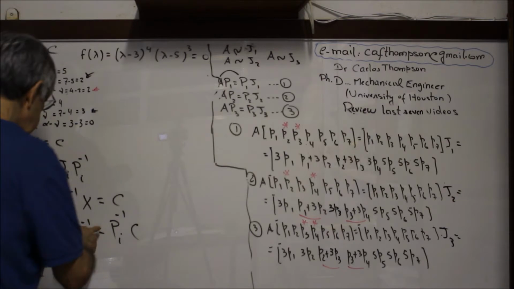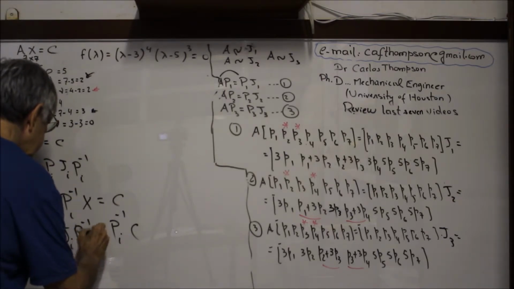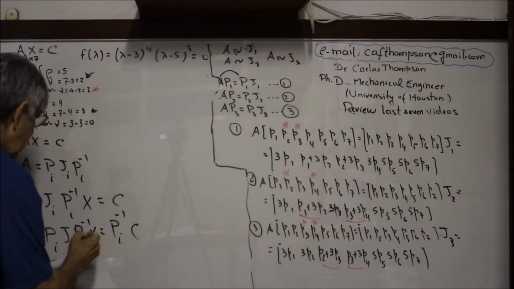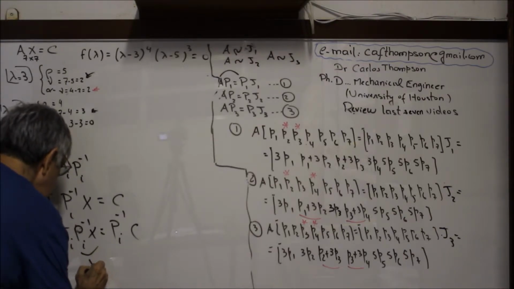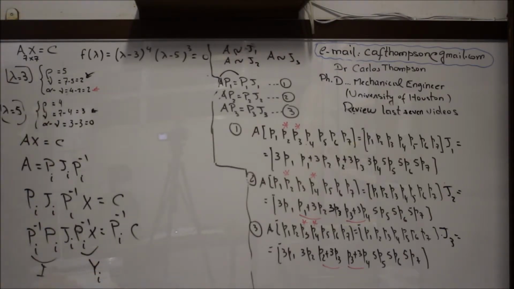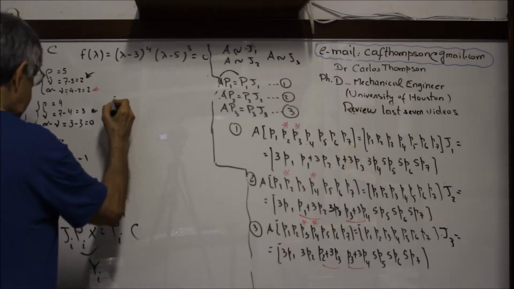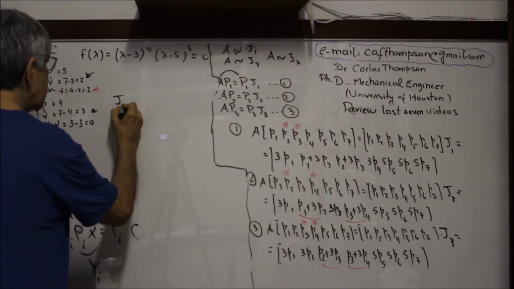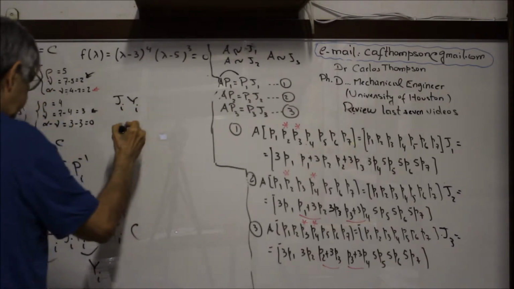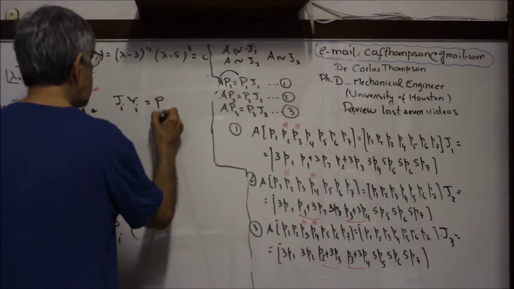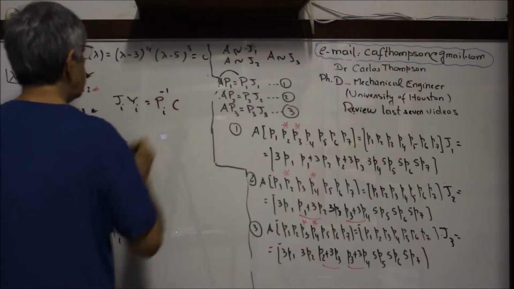This here I call y. Now, this is a vector, the same vector X expressed in the eigenspace basis. Now Ji y is equal Pi minus 1 C.